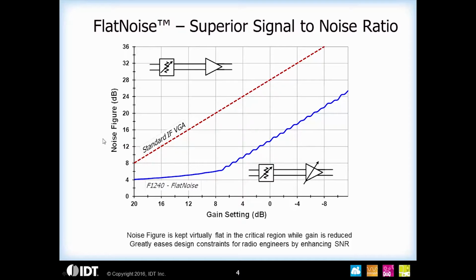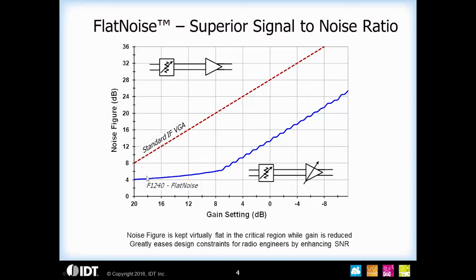With IDT's flat noise technology, we are able to maintain the noise figure almost constant. As you see on the screen, going from 20 dB gain to 12 dB gain, the noise figure of IDT's variable gain amplifiers only degrades by about a dB.